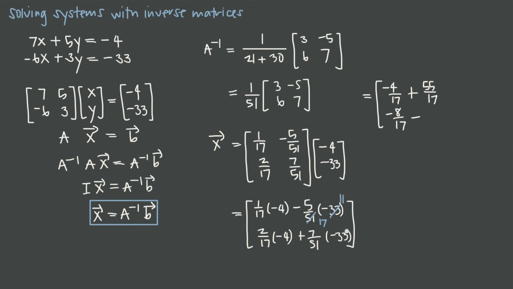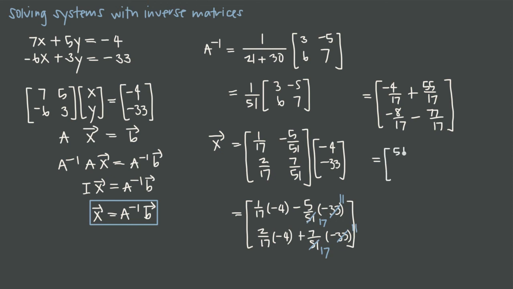And then because we have our minus sign here, we'll end up with a minus. Again, we can say 33 divided by 3 is 11. 51 divided by 3 is 17. So we cancel that common factor. 7 times 11 is a 77. So we end up with 77/17. And now, -4 plus 55 is a 51.